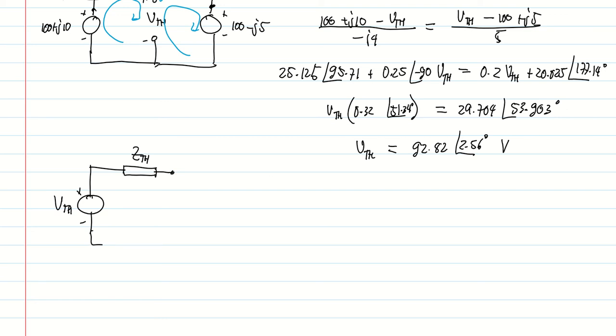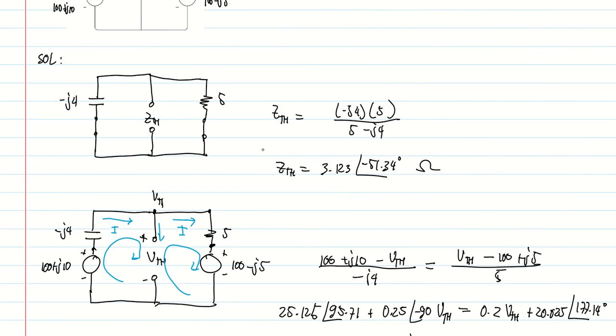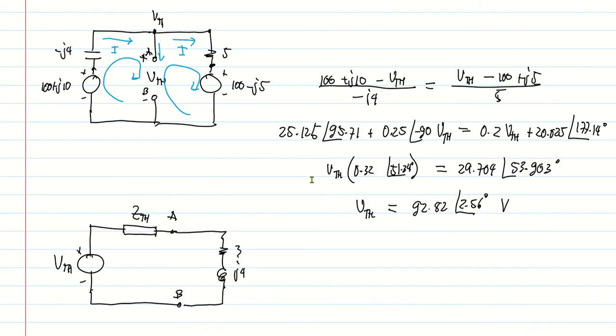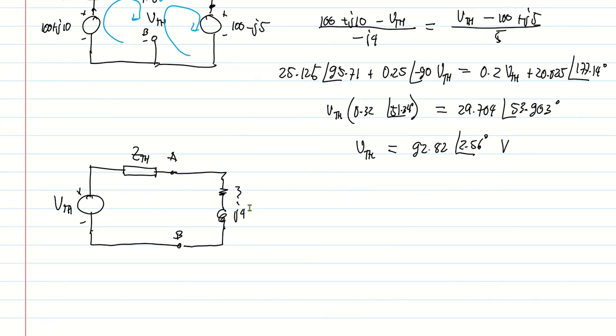Then to solve for the current that passes through our load 3 plus j4, we just bring back that load and connect it again at this point. If this is A and B in the circuit, this is also A and B. So if we bring back that load, that will be this circuit.